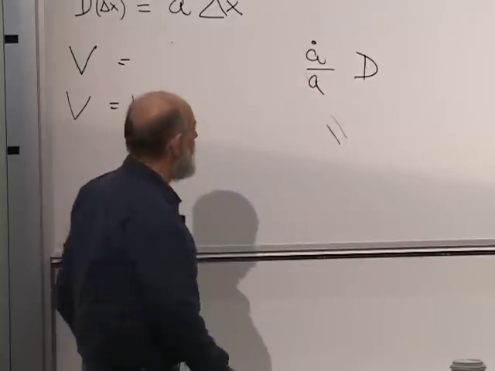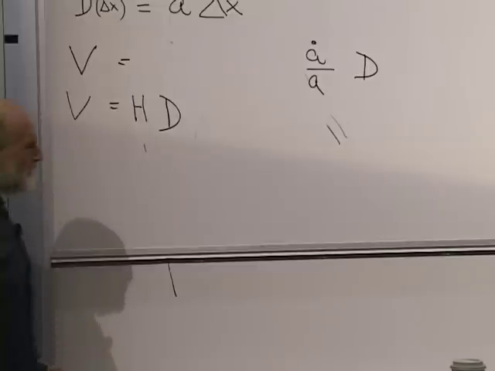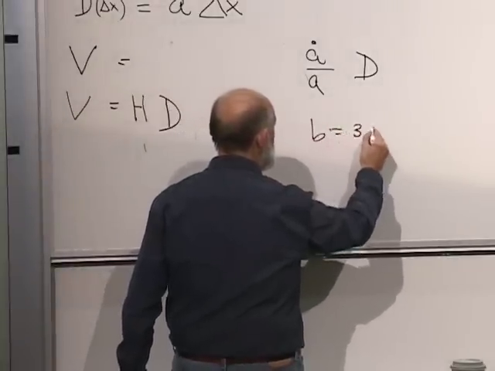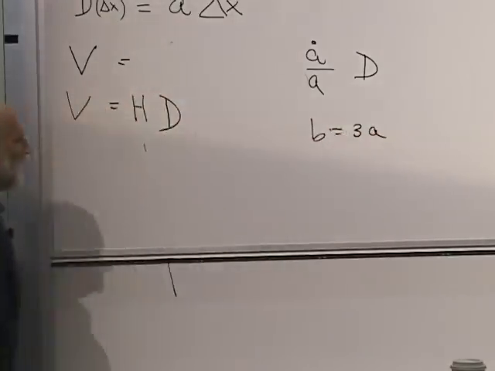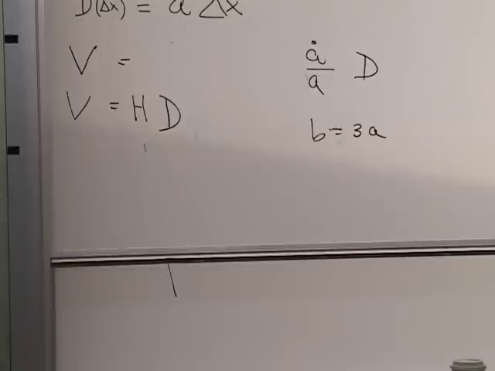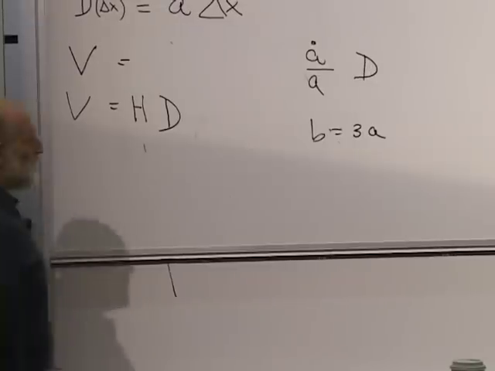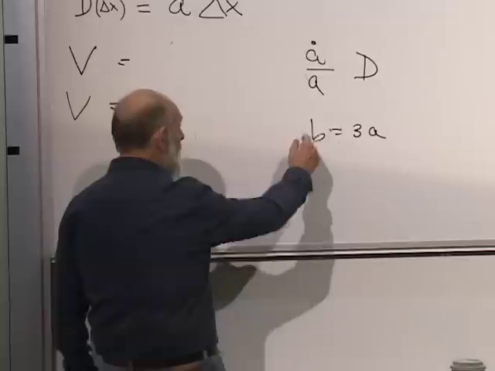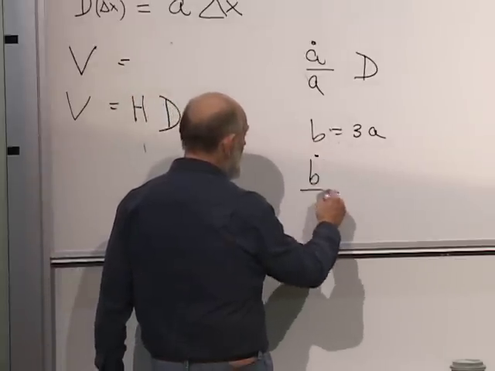For example, supposing I defined another scale factor, let's call it B. B is 3 times A. Just another definition for the scale factor, so that it's 3 times bigger than the original definition of it. All right. What about B dot over B?